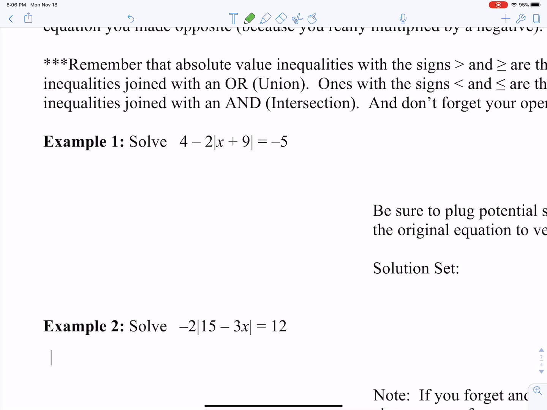these examples down here. All right, so first let me point out here are my absolute value bars. There's a 4 we need to get rid of and a negative 2 being multiplied that we need to get rid of. So get rid of the 4 first.